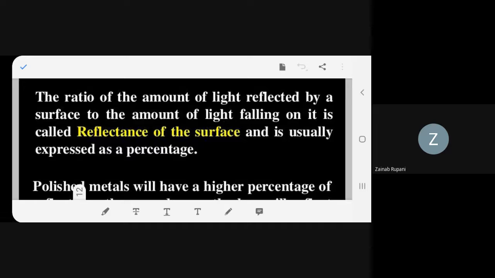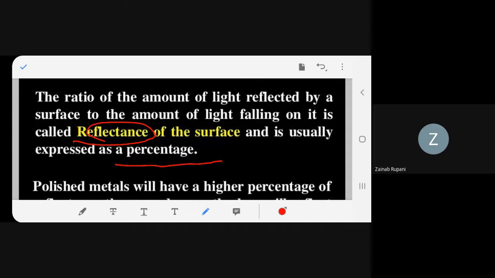So how much light is reflected by the surface, compared with how much is falling onto the surface, is called reflectance. It is expressed as a percentage. Understand? Yes, ma'am.